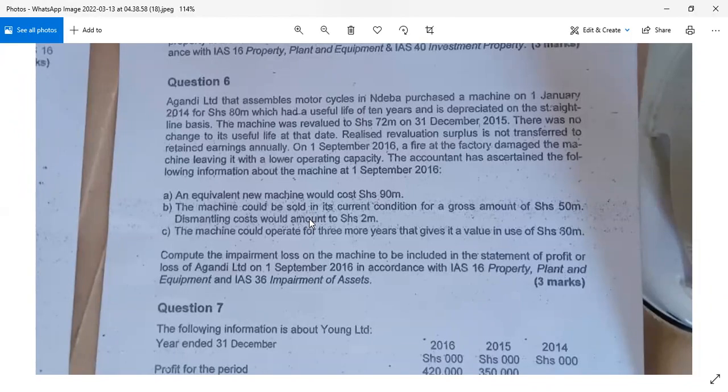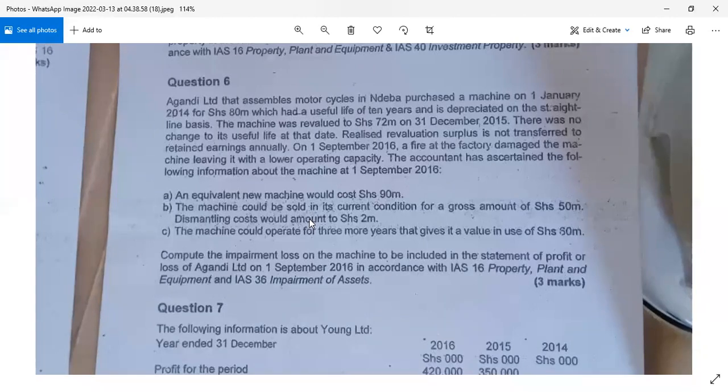Right now, when we sell it off, they'll give us 50 million. Dismantling costs would amount to 2 million, once you dismantle the machine for you to sell it. So this dismantling cost is part of the machine if you want to sell it off. It's on the same transaction. So when you receive 50 million, the 2M will reduce the 50 million. You will receive 48 in net. So that is our fair value less costs to sell.